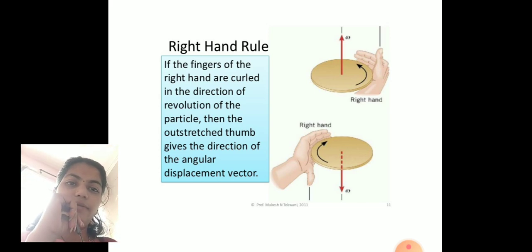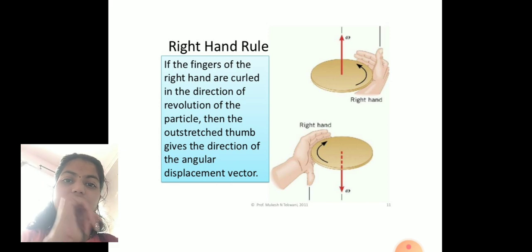It means that the scientist discovered the right hand rule and the left hand rule. There are two rules. Here we study the right hand rule.